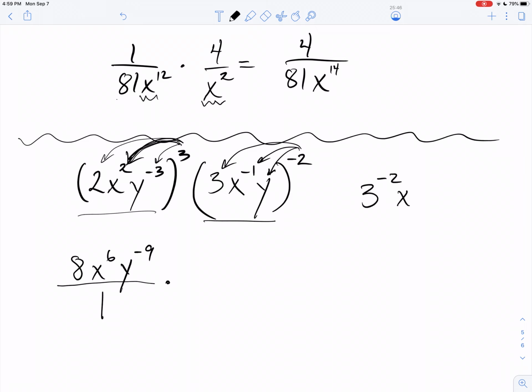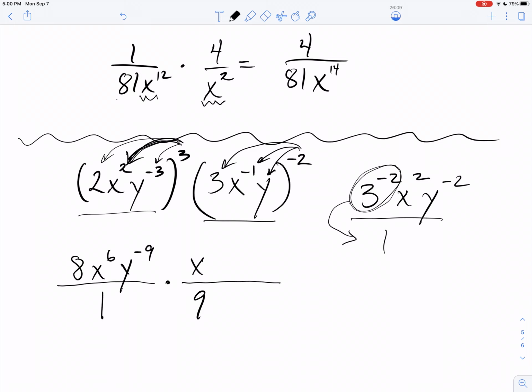I'm going to get x to the regular 2 and y to the negative 2. The reason I wanted to kind of separate this is say, what's going to happen to that? If it travels downstairs, I'm going to get a 9. See, I like to take care of numerical stuff separate than letter stuff. And then I'm just going to fill in the blanks here.